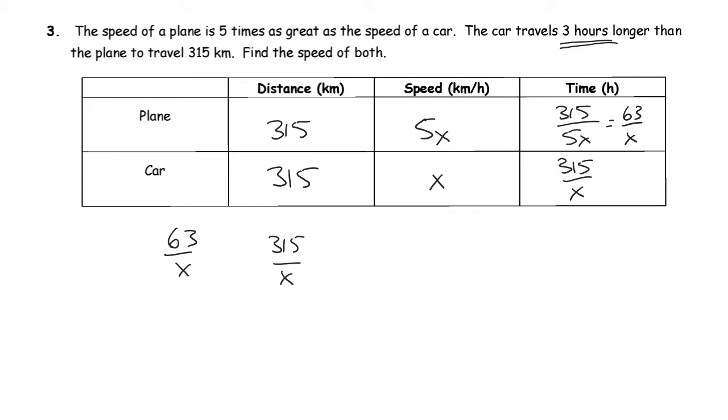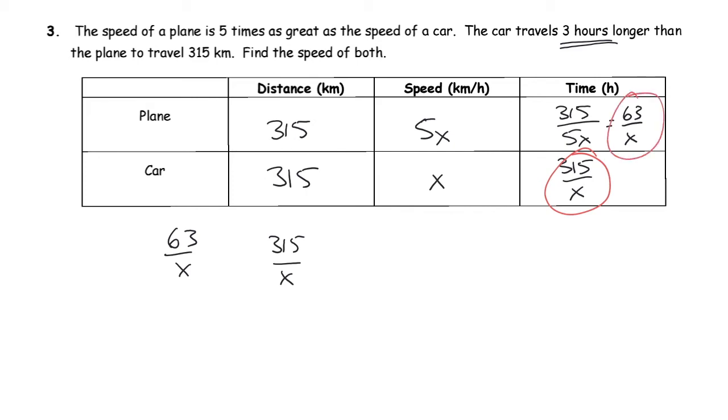Now, these two times are not equal to each other. There is a 3-hour difference. The car takes 3 hours longer than the plane to travel 315 kilometers. That means the time that the car takes is 3 hours longer than the time that the plane takes.